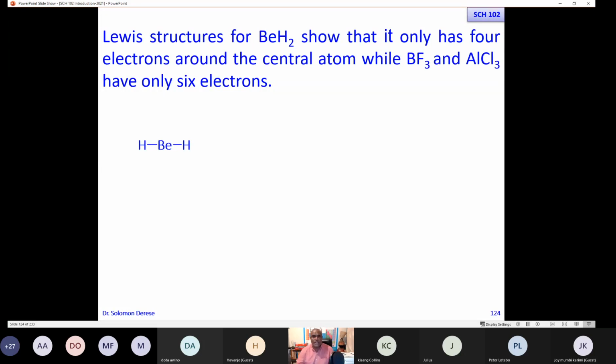The second step we're told to follow is count the valence electrons. So the 2 hydrogens, each of them having 1 valence electron, from the 2 hydrogens we'll get 2 electrons. And then beryllium being a group 2 element, it will have 2 valence electrons.